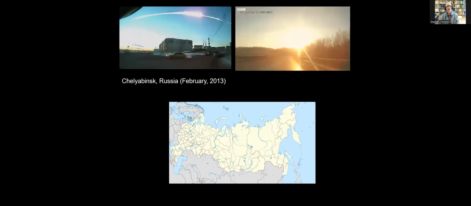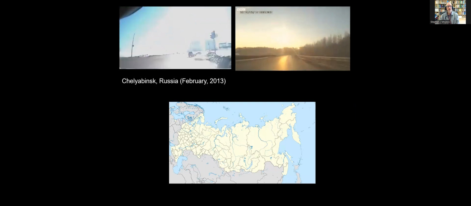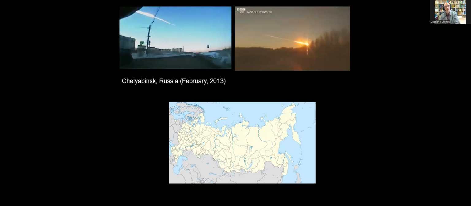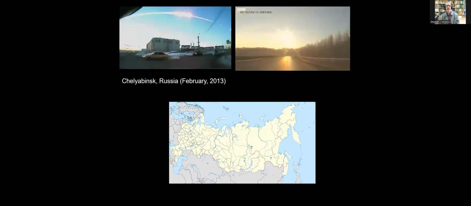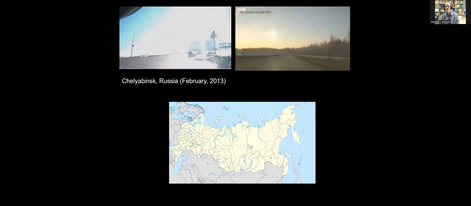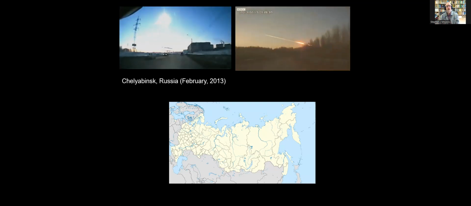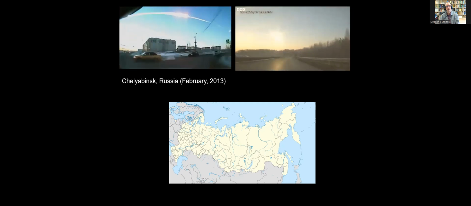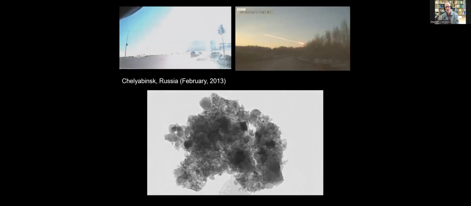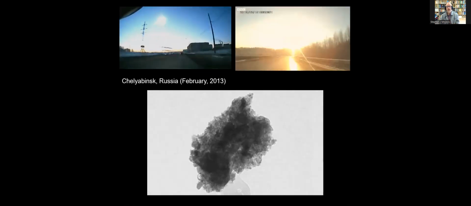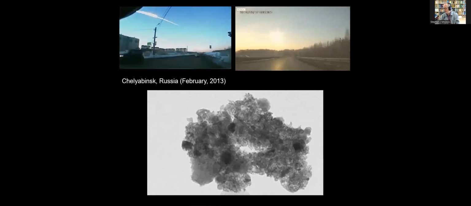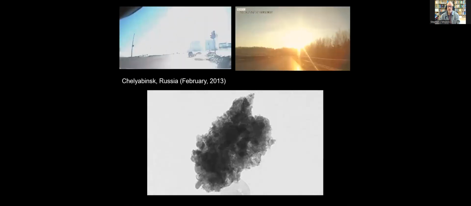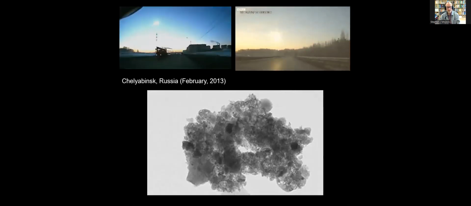And here's an example just from a decade ago in Chelyabinsk, Russia, where a meteor came in the morning and lit up the sky and caused sonic booms and explosions, which knocked out windows in housing districts in the area. Dust from this meteor was analyzed, and it's just part of this dust that is constantly raining down on the Earth. So we like to study these things because it tells us about early times.